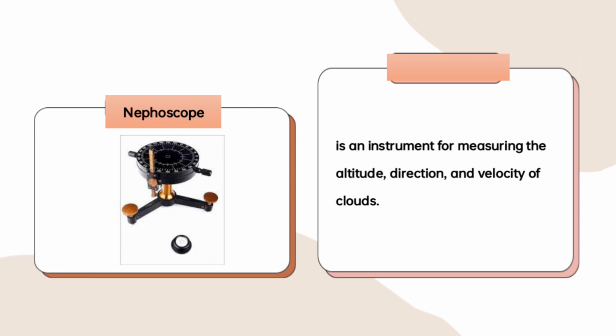Another idea about the nephoscope is that a horizontal mirror is adapted to measure the direction of motion of clouds, or how fast the movement is and what its direction is.